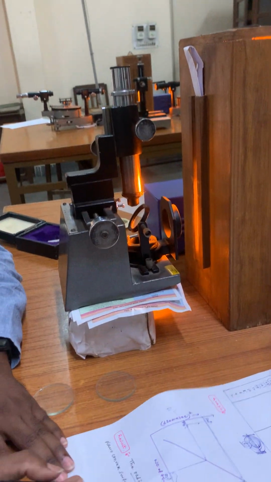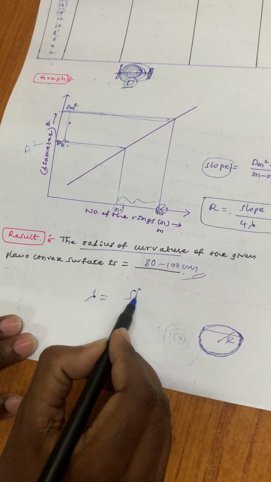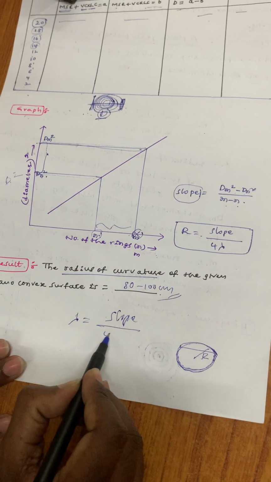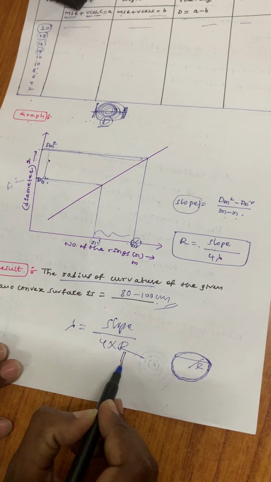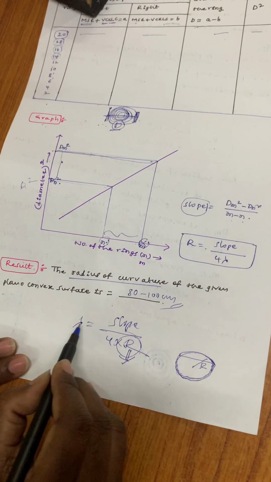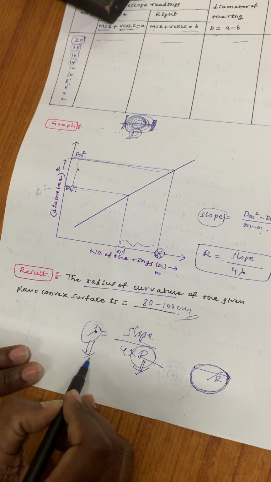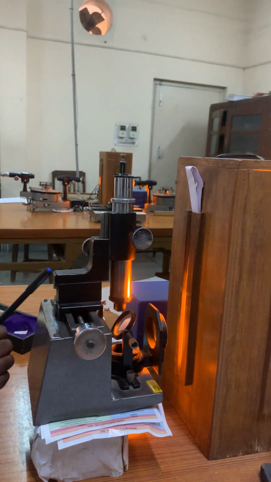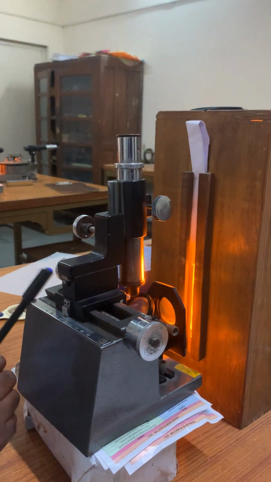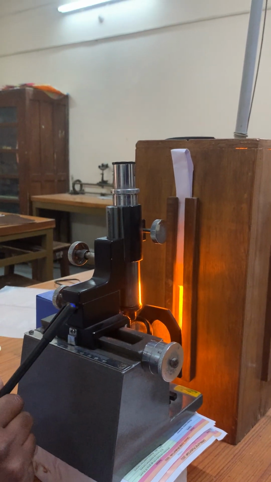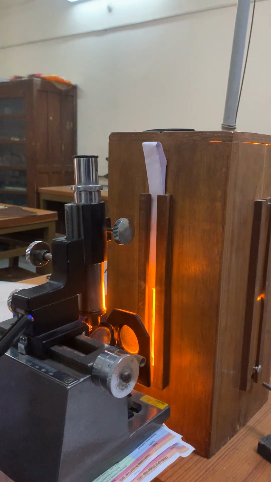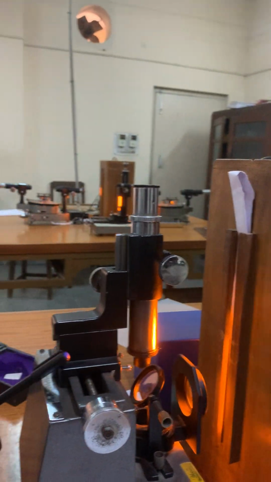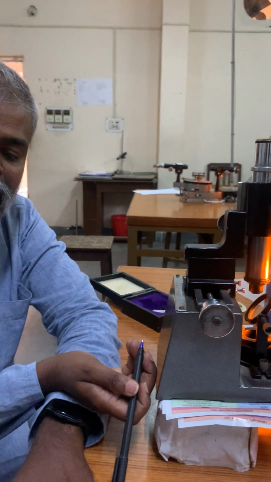How do we calculate? Lambda is equal to slope divided by 4 into R. If you know R, you can automatically calculate the wavelength of the light of a sodium lamp in this experiment. But we are taking the fundamental value of the wavelength of the sodium vapor lamp and calculating the radius of curvature, because we don't have a spherometer in this laboratory.